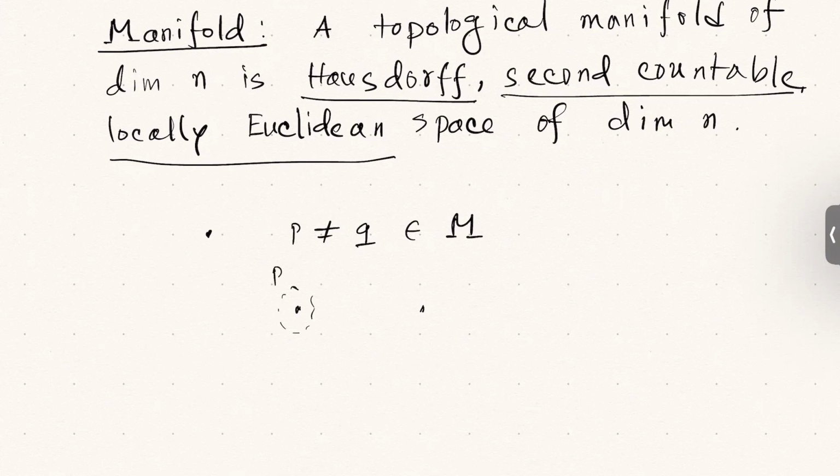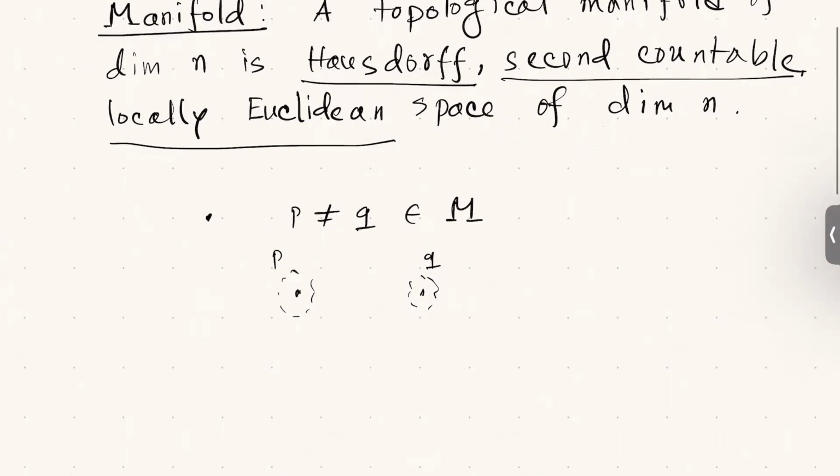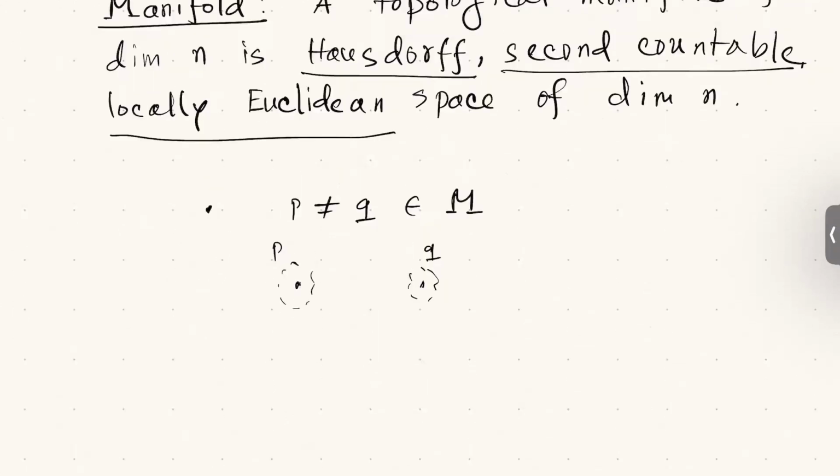Let's say this is P and this is Q, and these two neighborhoods do not intersect. And for second countability, we are not going to consider this. In our context, it is not very important.